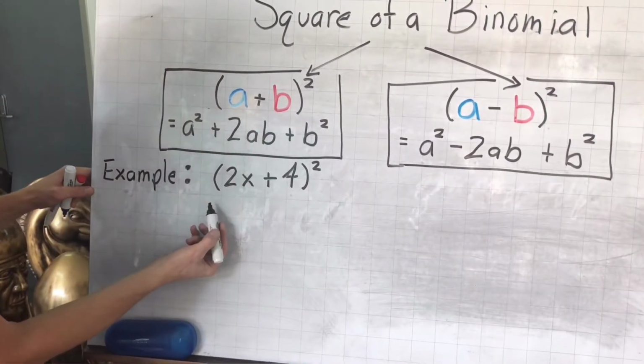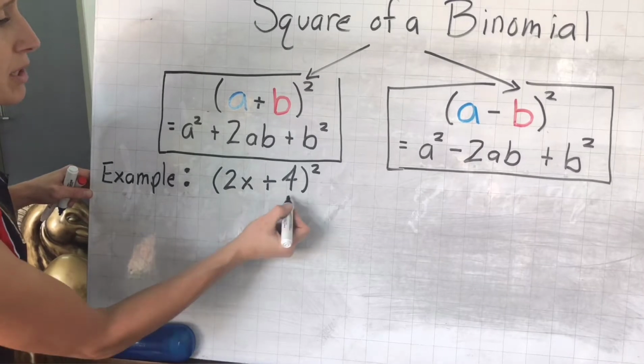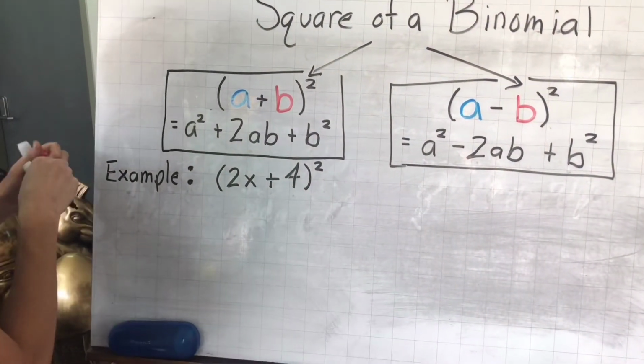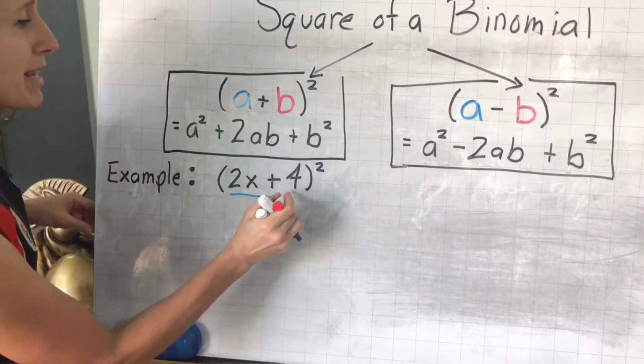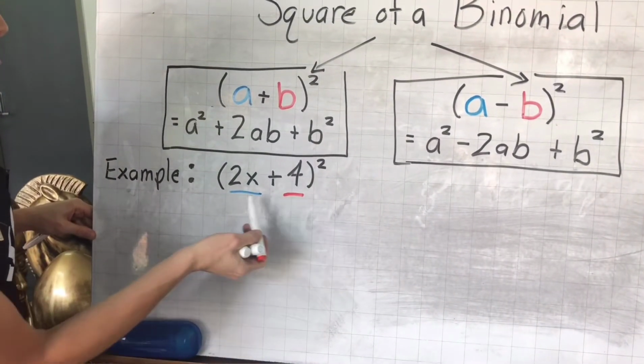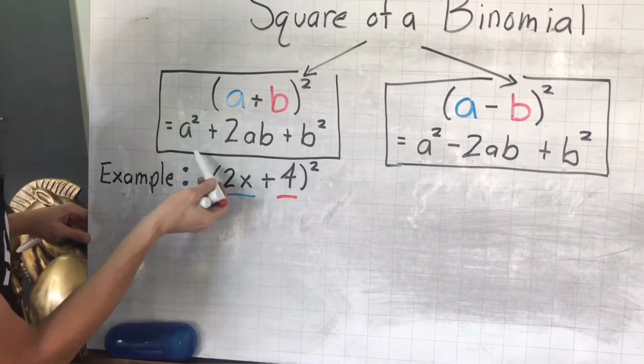So now we're going to do an example with 2x plus 4, the quantity squared. So here a is 2x and b is 4. So we can just plug these values into the final formula like this.